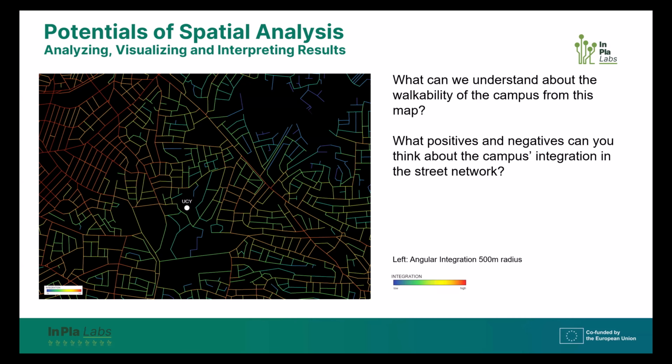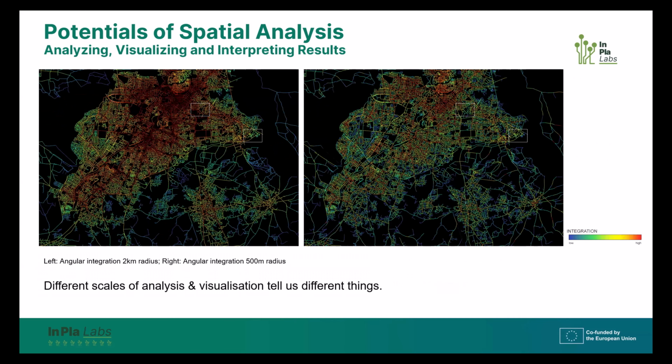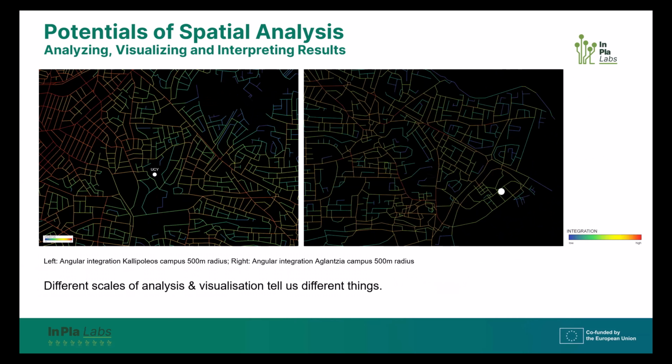So what if we move to the campus in Aglanja? What do we see about this? And maybe if anyone can see how this differs from the other map. So maybe let's look at them side by side already. So on the right, we have Aglanja.